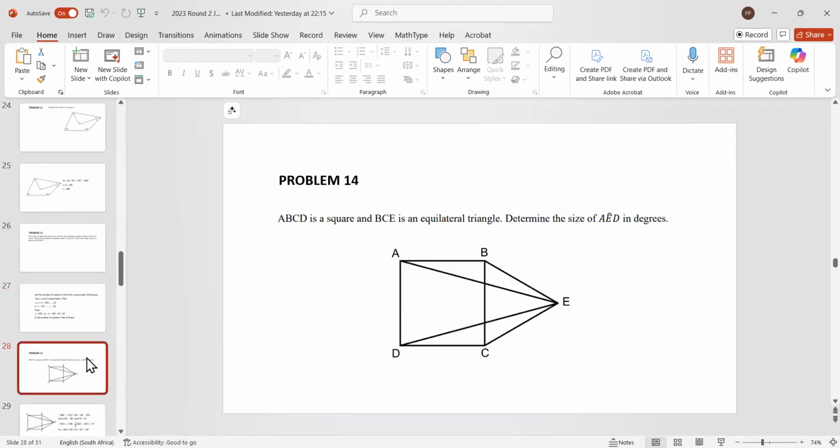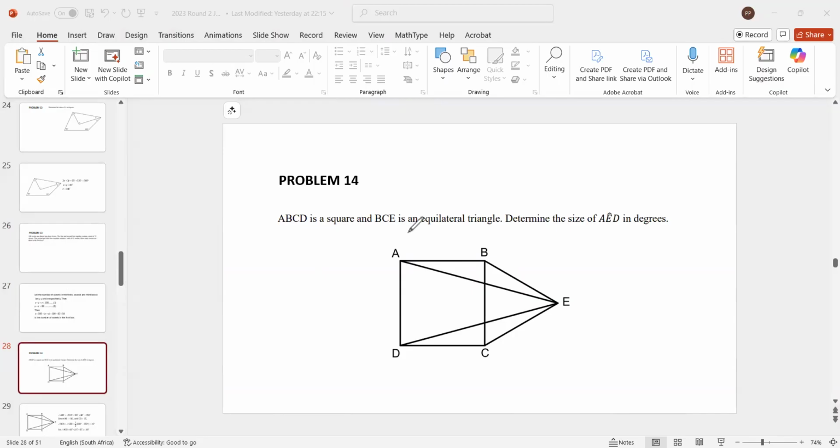We now move on to problem 14. It's a geometry problem. ABCD is a square. What does it mean? It means that all the sides are equal and all the angles are 90 degrees, two important properties of a square.